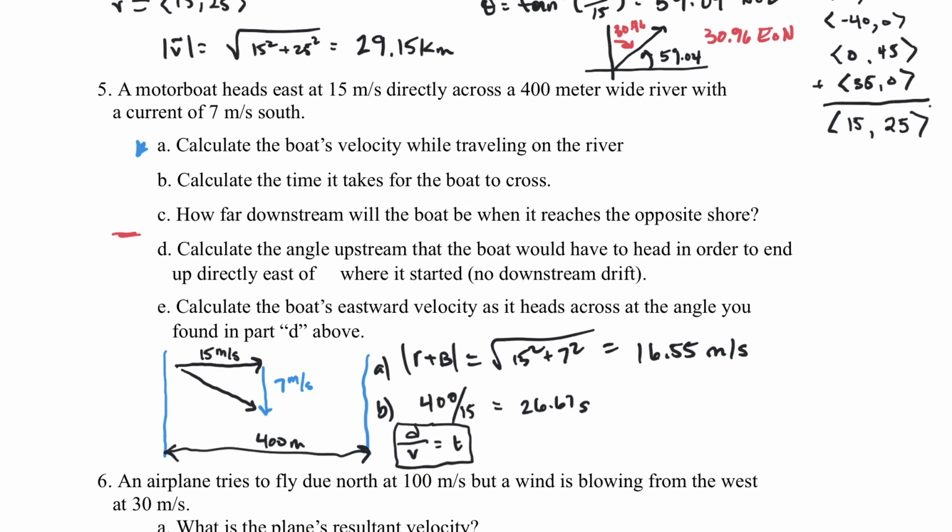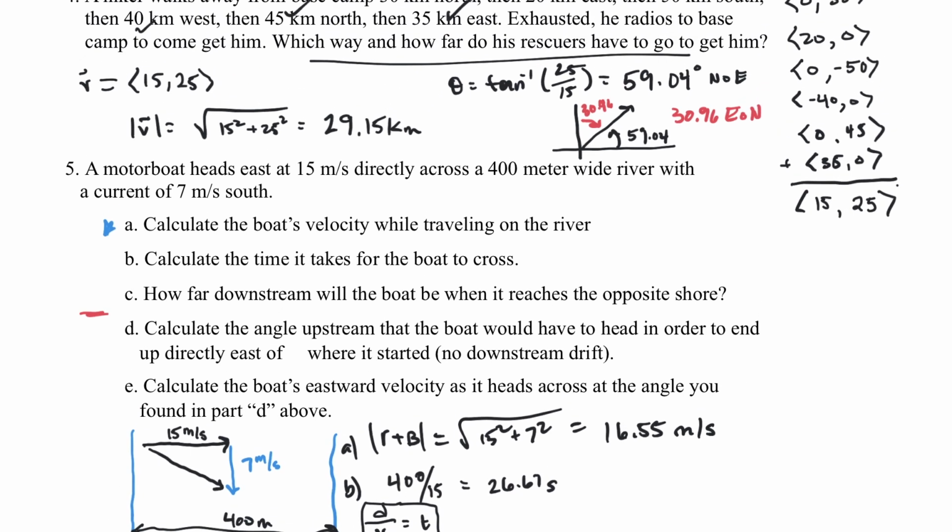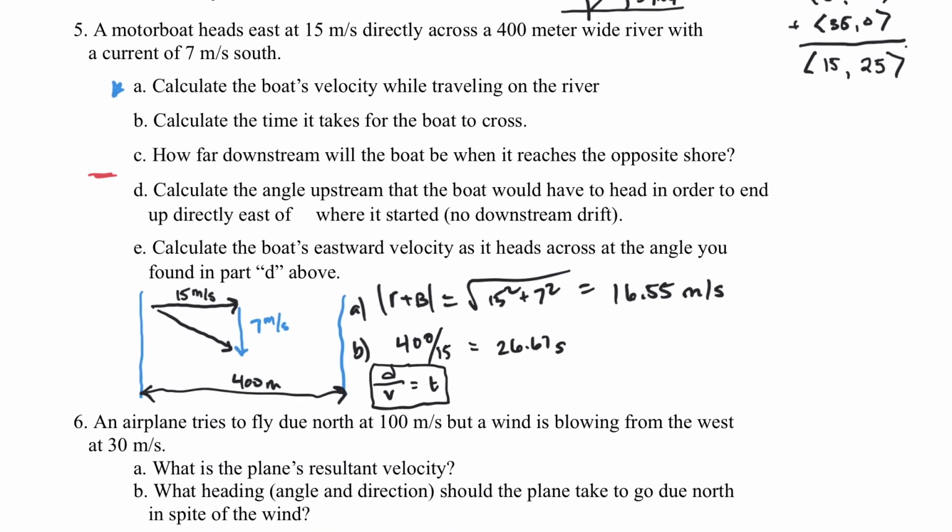Okay, and the last part here is part C. This one's asking how far downstream will the boat be when it reaches the opposite shore? Well, now we're talking about moving down the stream. We're going to be moving down this way at 7 meters per second. So if I started here, I'm moving this way at 7 meters per second, and I'm going to do that for 26.67 seconds.